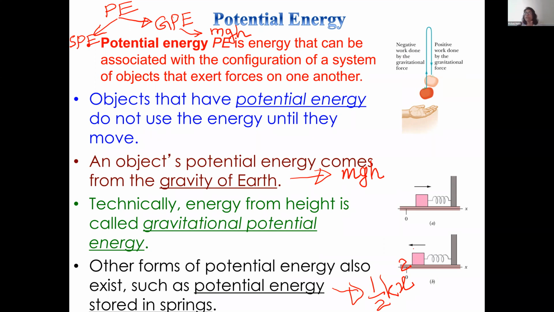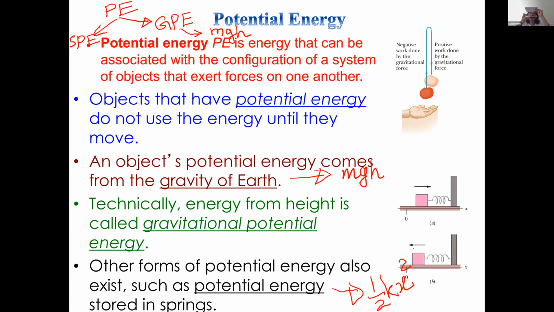Only gravitational potential energy can be negative, because it depends on where you choose the potential energy zero. If the potential energy zero is here and my object is somewhere above it at height h, then the object has positive mgh potential energy. But if the object is below the potential energy zero, I still have mg, the force of gravity, but the height is now in the negative direction.